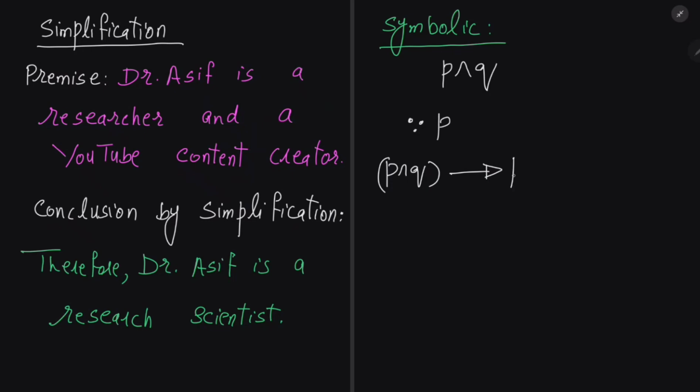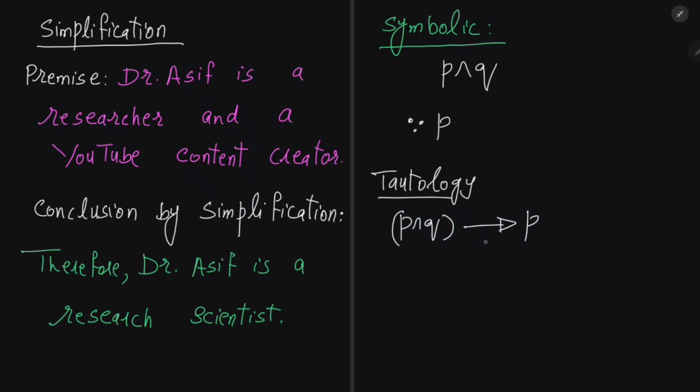The conclusion is P. Here I have written the tautology of simplification. The right hand side of the arrow shows that this is the conclusion. On the left hand side, we have a premise.